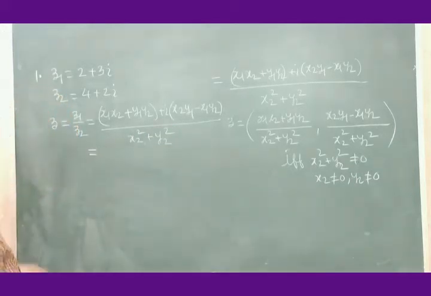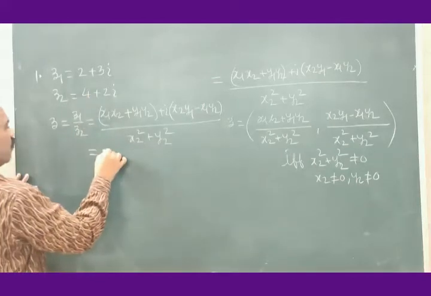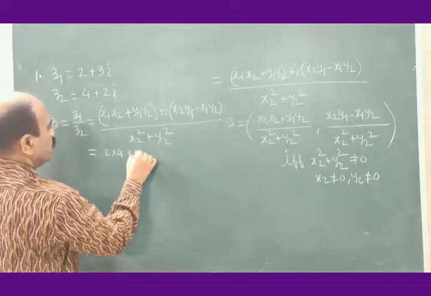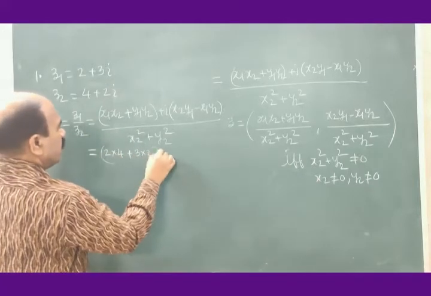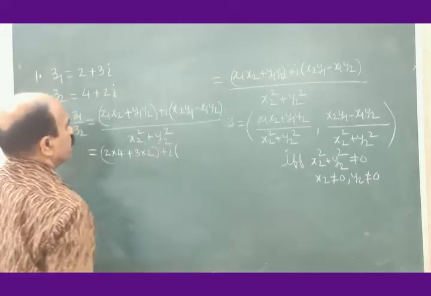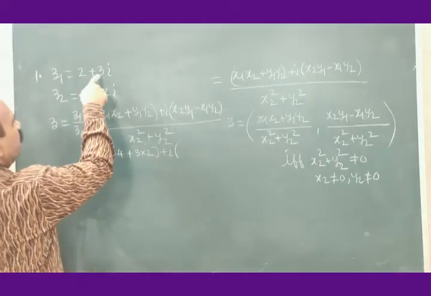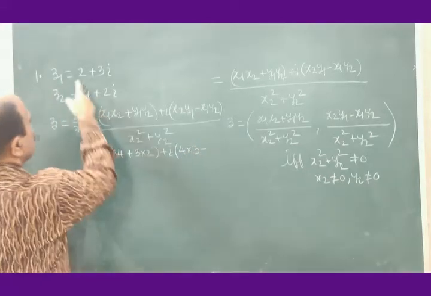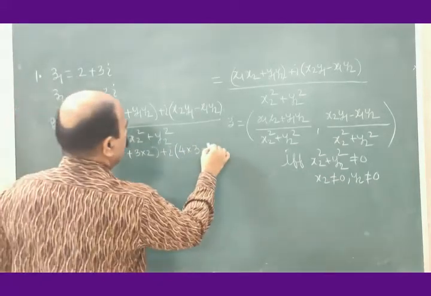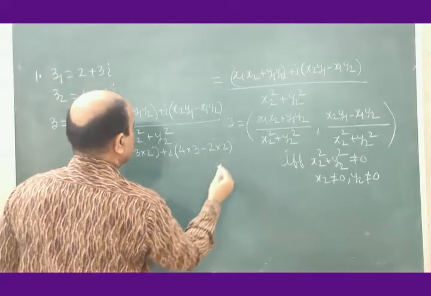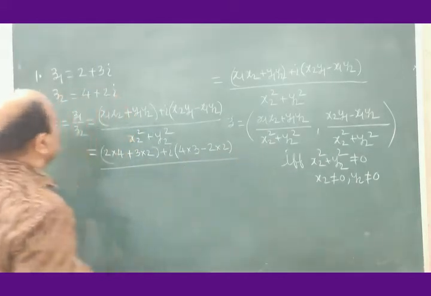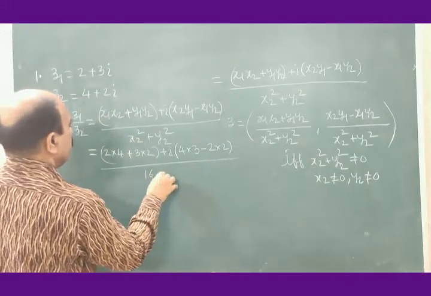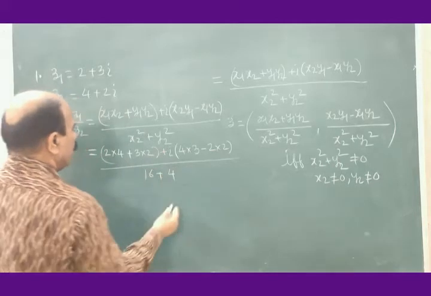Let us put the values. x1 x2, 2 into 4, plus y1 y2, 3 into 2, plus i into x2 y1, 4 into 3, minus x1 y2, 2 into 2, divided by x2 square plus y2 square, 4 4s are 16 plus 2 2s are 4.